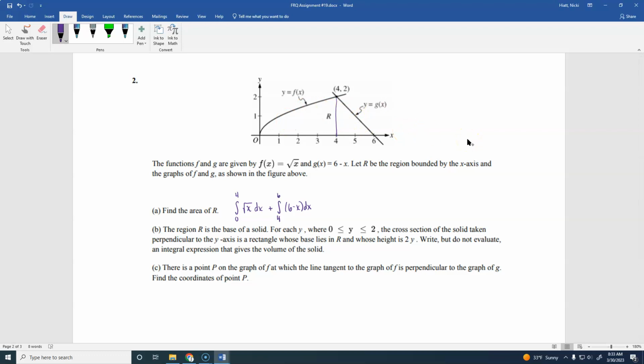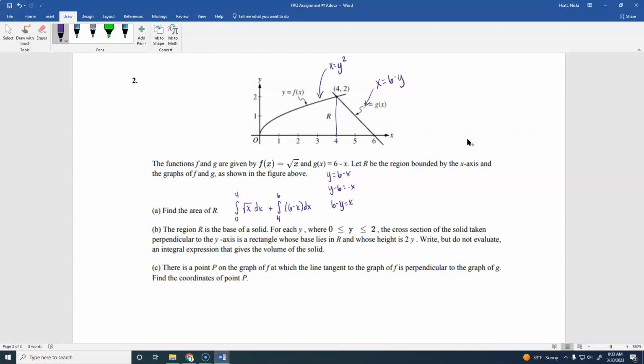If you solve both of these equations for y, this one would be x equals y squared. And this one, y equals 6 minus x, so y minus 6 equals negative x, so 6 minus y equals x.